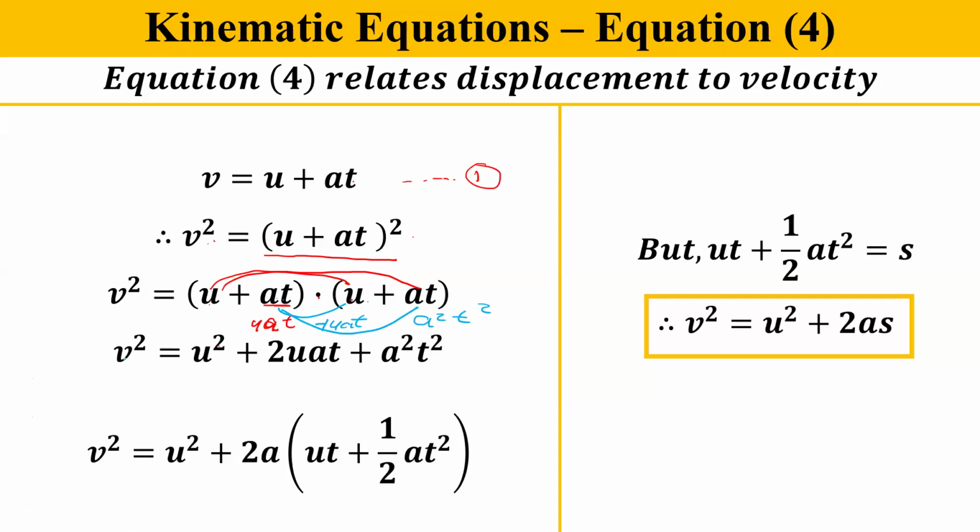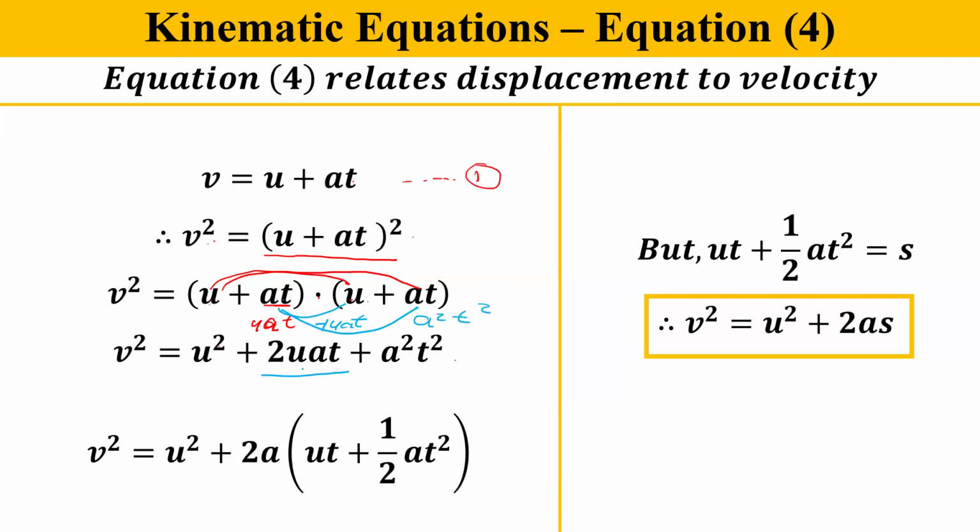That now gives you V, your final velocity squared, is equal to initial velocity squared plus 2UAT plus A squared T squared.